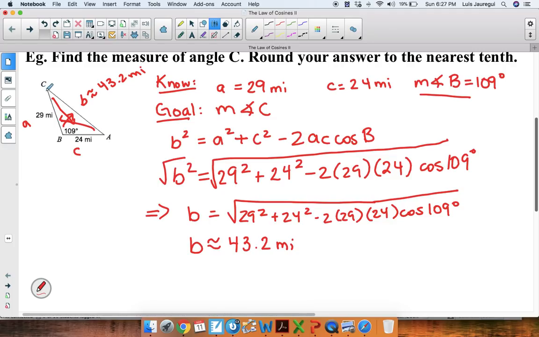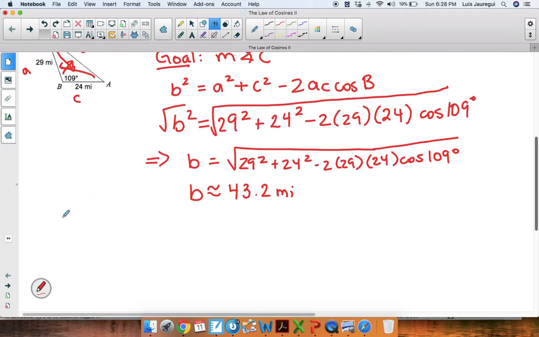So this is now a case for the law of sines. So now we can say by the law of sines, we have the following.